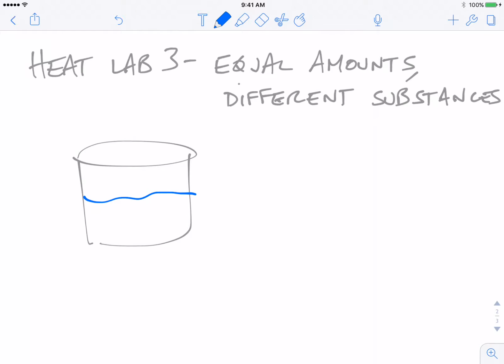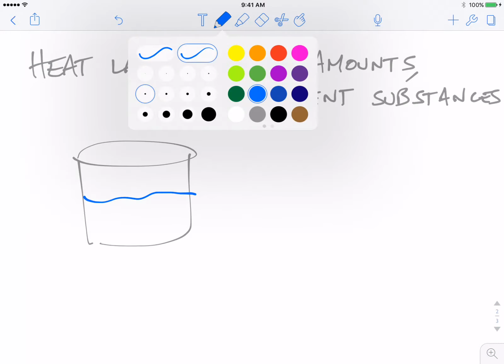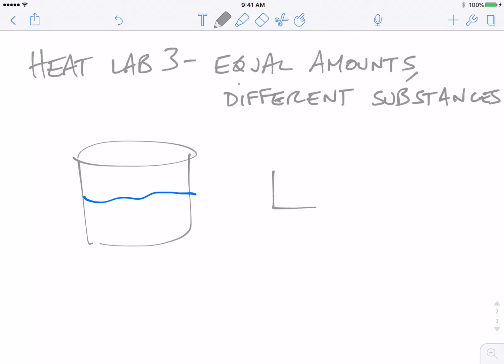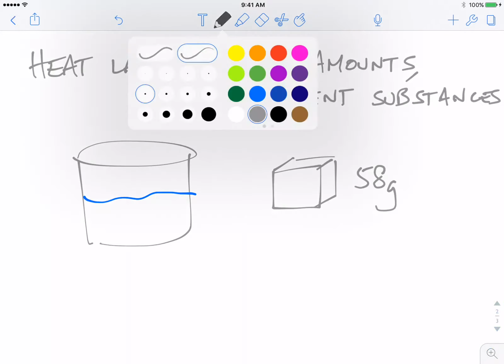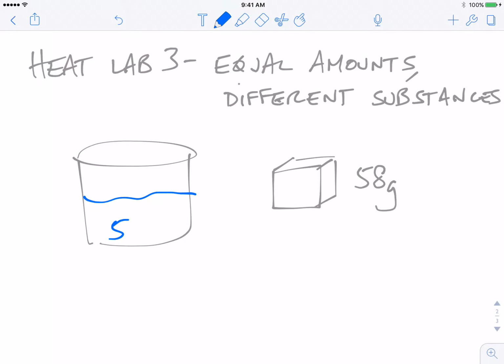The amount of cold water had to match the mass of our solid. A lot of times we have pieces of aluminum or copper. So if this weighed 58 grams, then we put 58 grams of cold water in here. Whatever the mass of our metal was, we took the same mass of water.